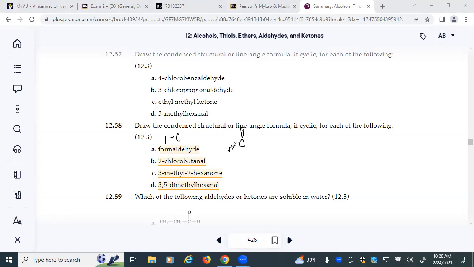So I'm looking at something like this. Is there always 2 H's on the carbon? Well, remember, carbon always has to have 4 bonds. So if it's only 1 carbon, that means there's not another carbon for it to link to. So if I've got 2 bonds to the oxygen, I'm going to have 2 other bonds for hydrogen.